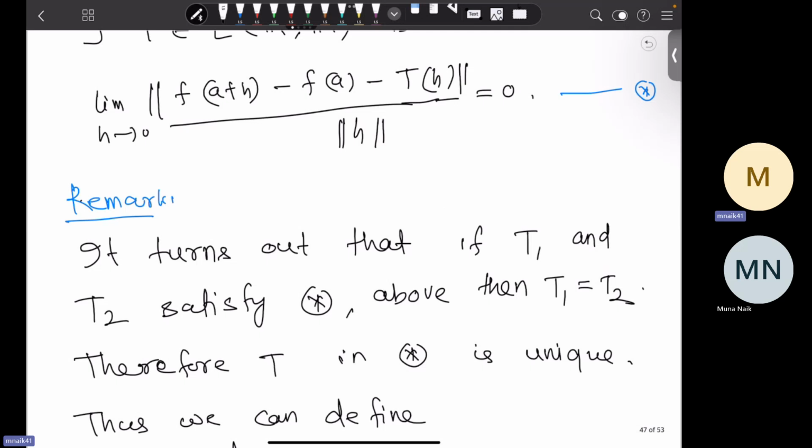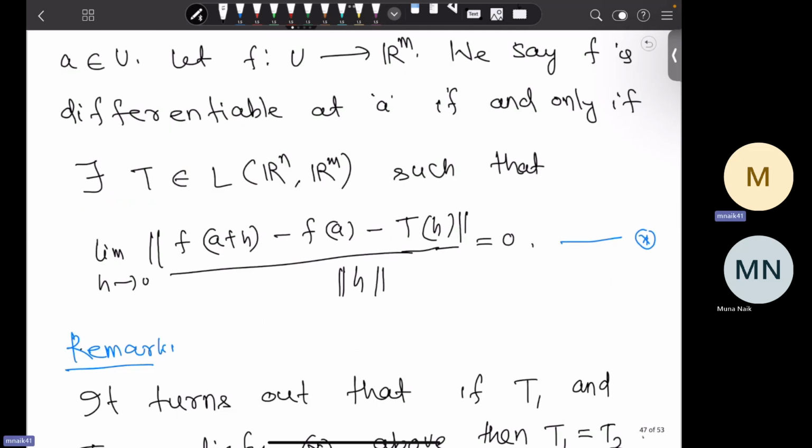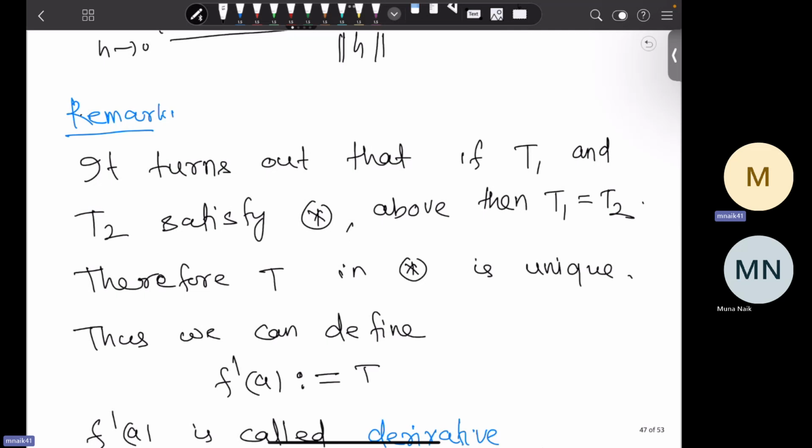So we have proved that whatever t satisfies star, t has to be unique, and we define this f prime a is equal to t.